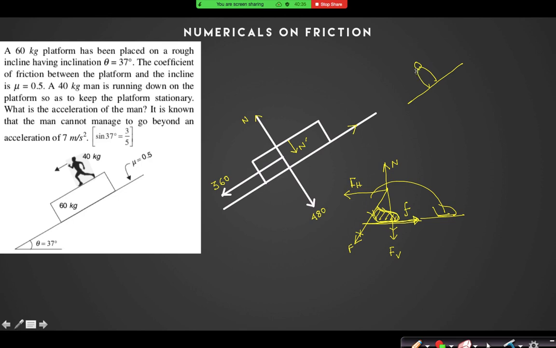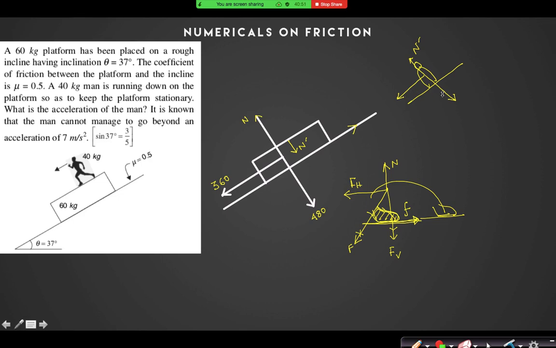Now I will understand what the forces on the person are. Its weight is 400 Newton. So if I check the components of the weight, the normal reaction is N prime.